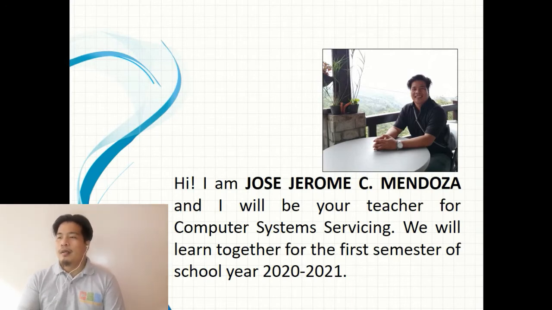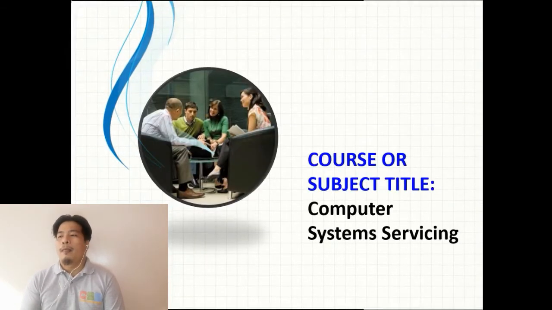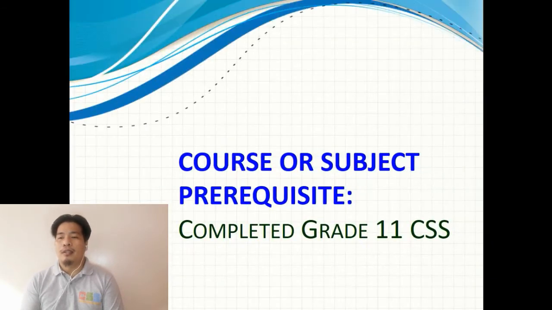Okay, let's start off by introducing CSS. So the course prerequisite is a completed grade 11 standing. So you should have completed the first semester and second semester of grade 11 major.